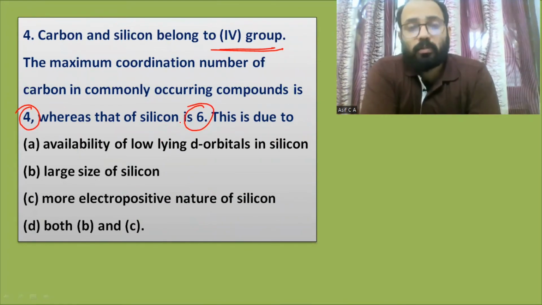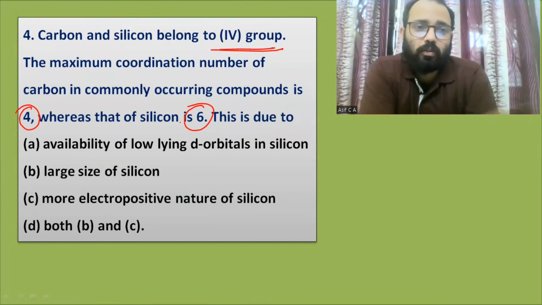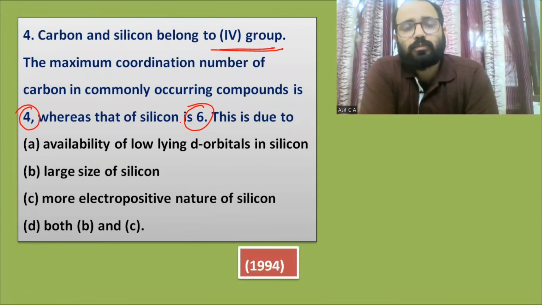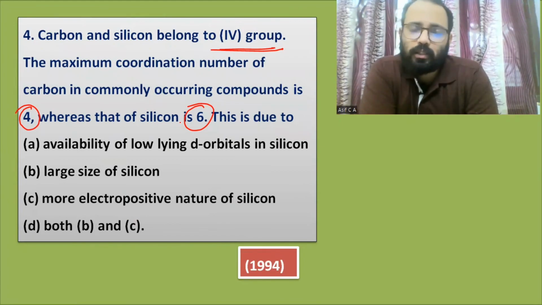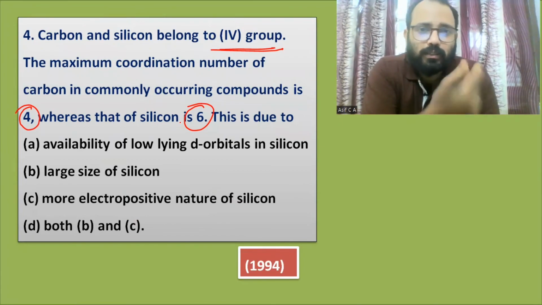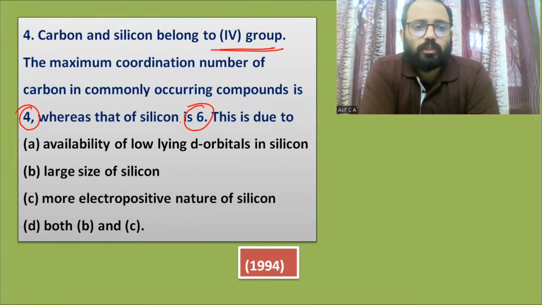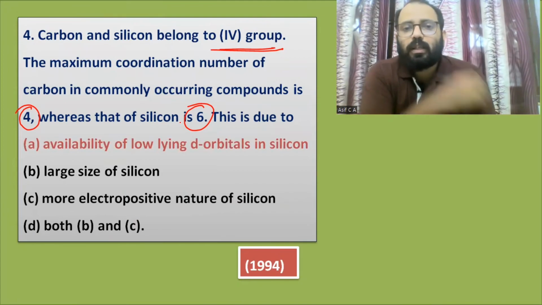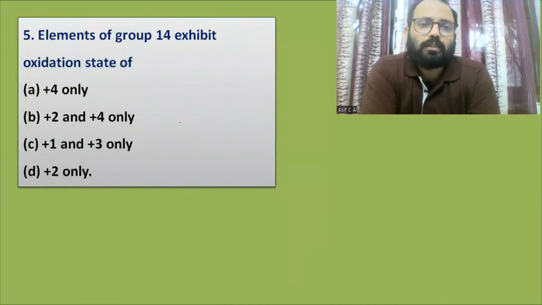They are talking about the maximum coordination number: for carbon only 4, but for silicon 6. Why? This is a very old question, 1994. Carbon has no d orbital, silicon has d orbitals, so silicon can go up to 6, but poor carbon, only 4. So it is due to the availability of low lying d orbitals in silicon.